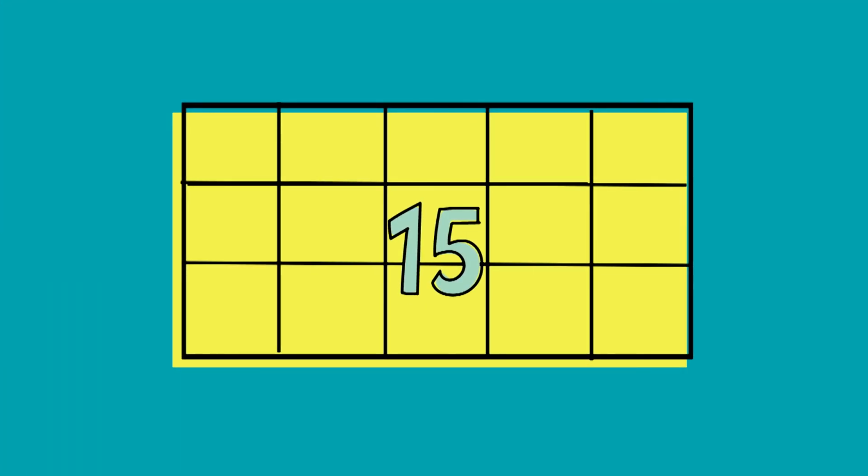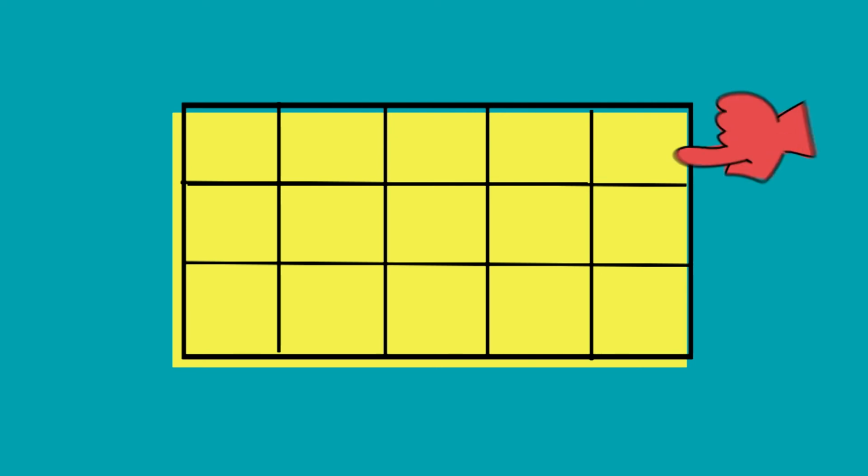Right, there's 15. This time, how did you count these tiles? Some of you counted by 5s, 5, 10, 15. So we'll write 5 at the top to show how many are in each row.